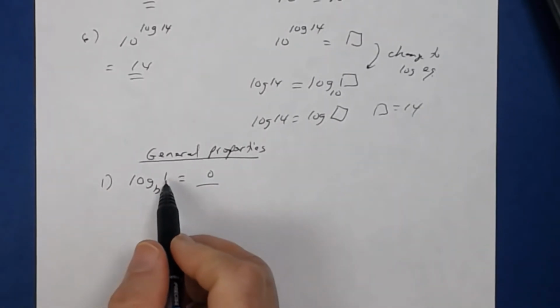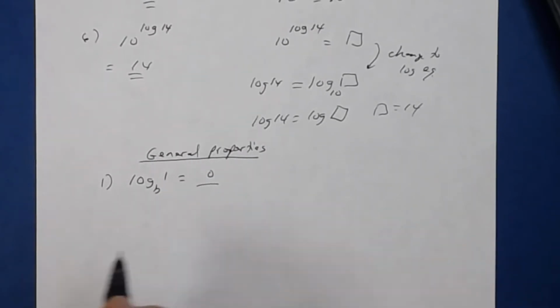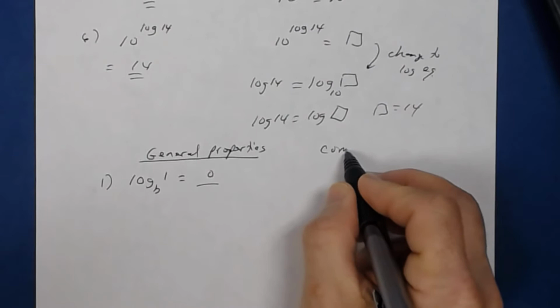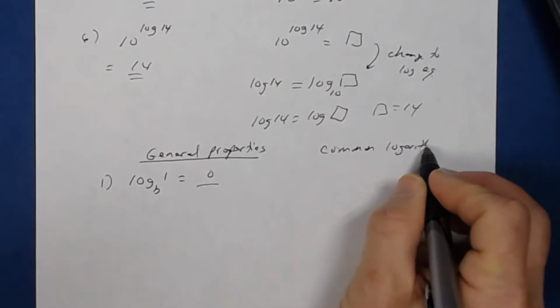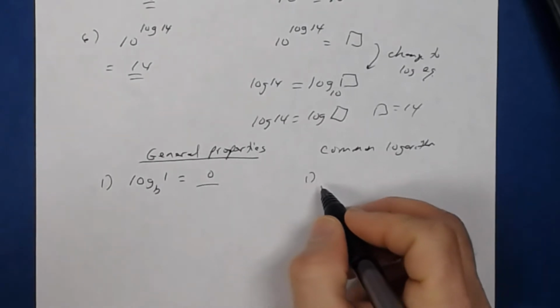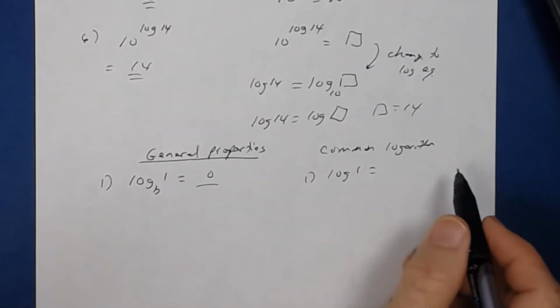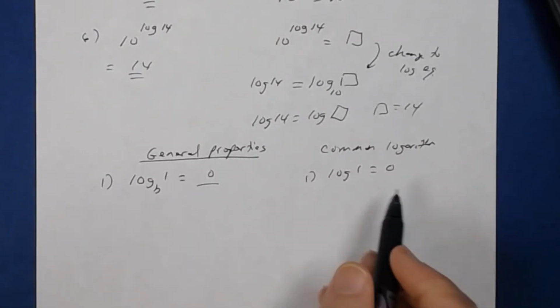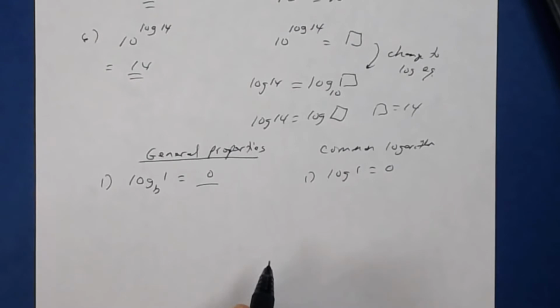So if the argument's 1, regardless of the base, that's equal to 0. So then if I look at this in terms of common logarithm, isn't that the same thing? If I have the log of 1, that should also be 0, because that's understood to be 10. 10 to the 0 power equals 1.